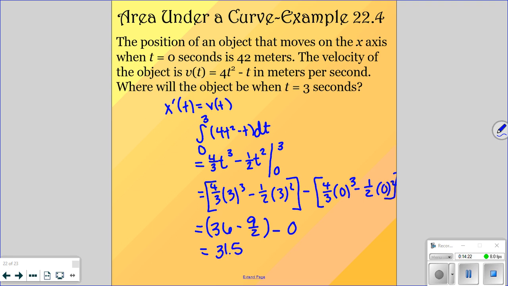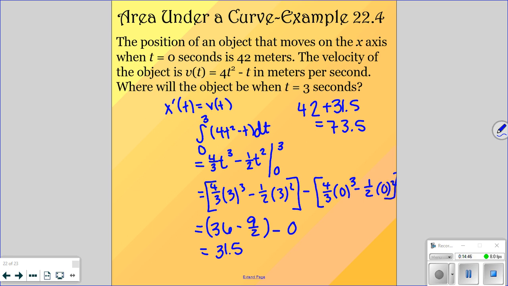And so that's the distance that it traveled. However, it didn't start at the origin, it started at 42 meters. So the total, or the position, if it started at 42, we're going to add 31.5, which is going to give us 73.5.